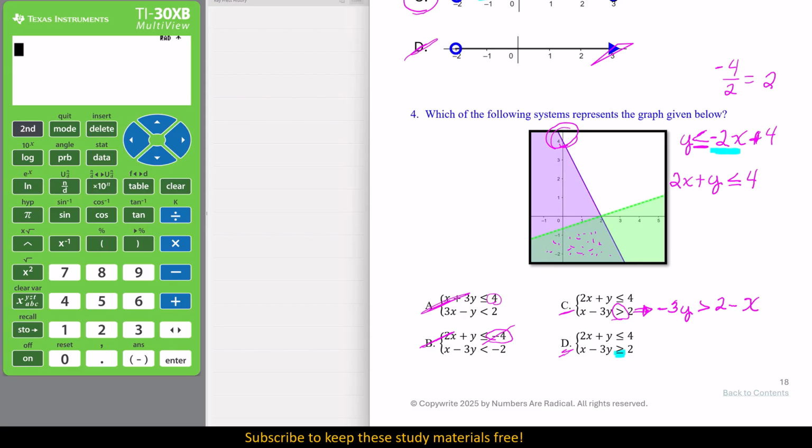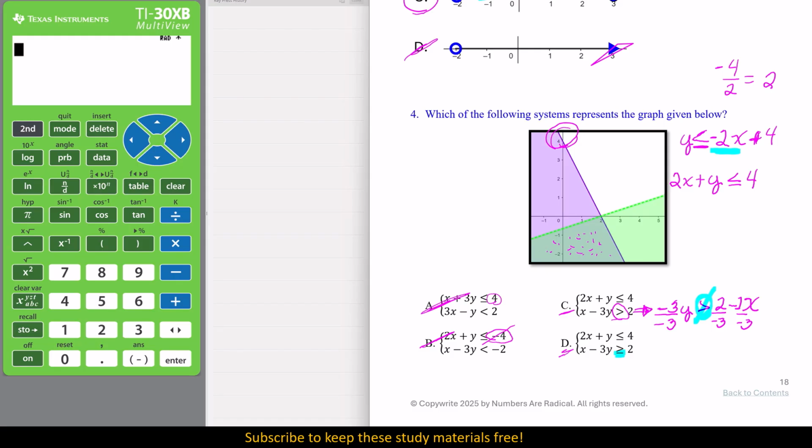You notice all I did was subtract x from both sides. Now, here's the thing. When we divide by negative 3, each of these, remember that's an understood 1, and that's a negative 3. Ladies and gentlemen, this inequality sign has to be turned around.